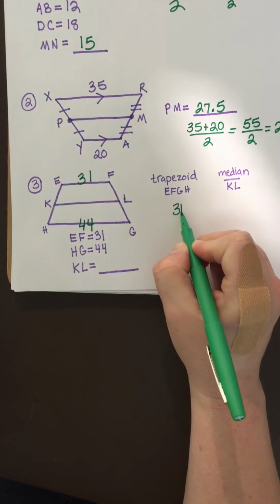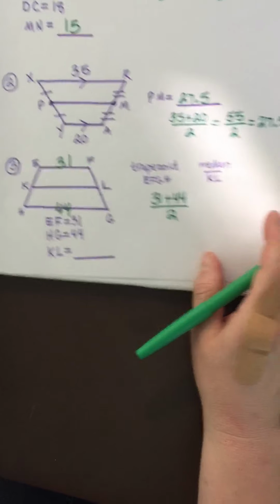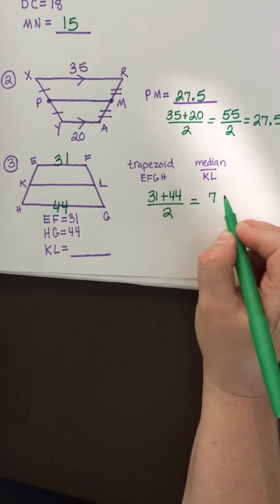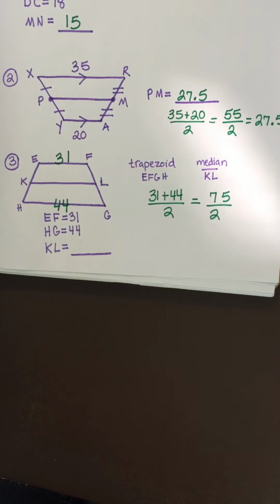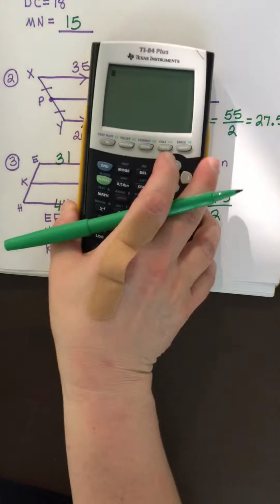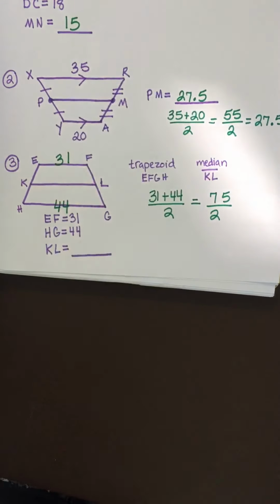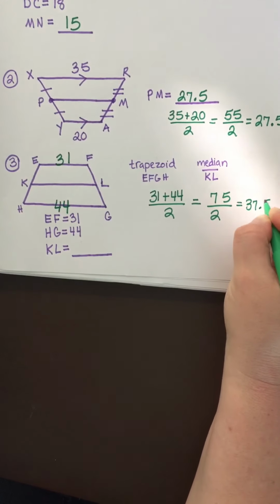Add the bases and divide by 2. So 31 plus 44 would be 75, divided by 2. And that's 37.5. We knew that.